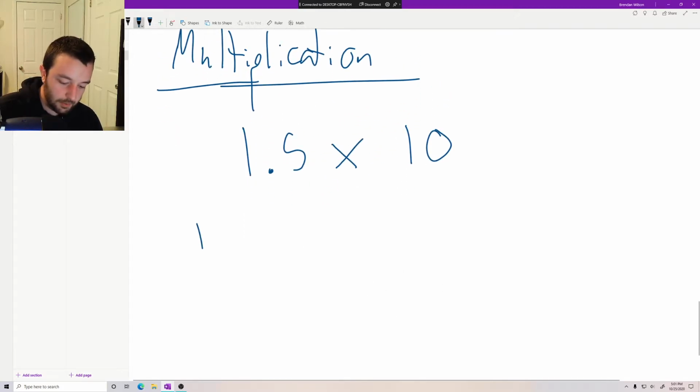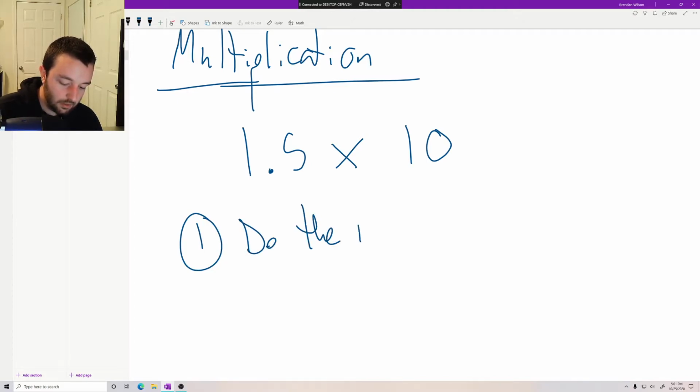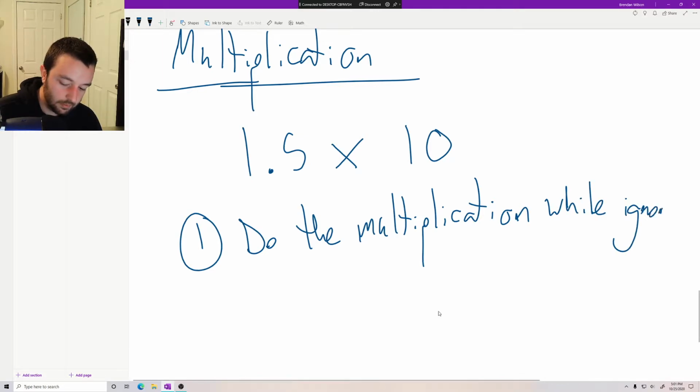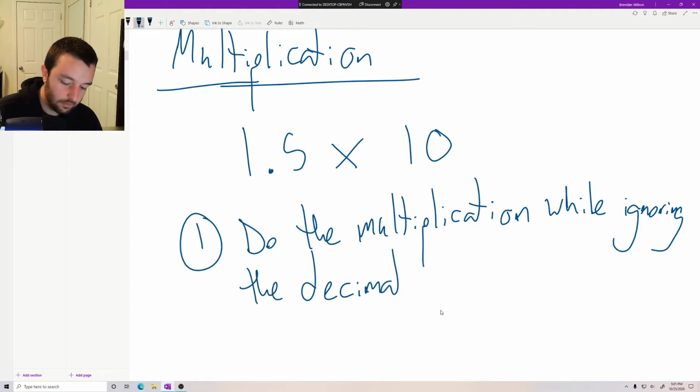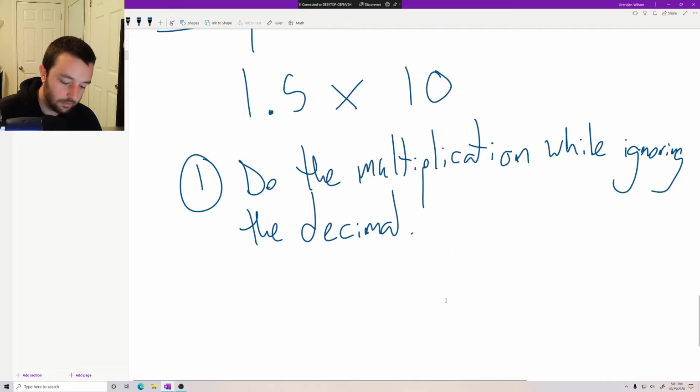So the process for multiplication is 1, do the multiplication while ignoring the decimal. 2.